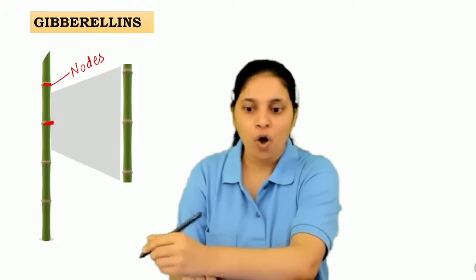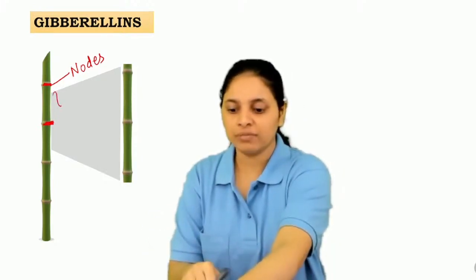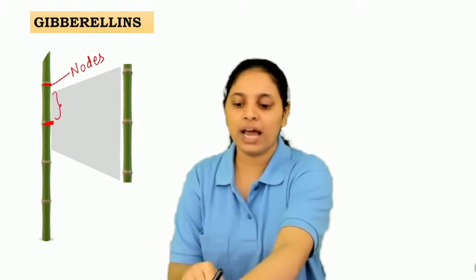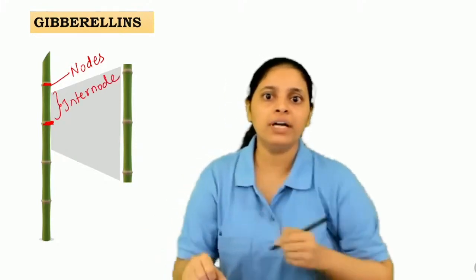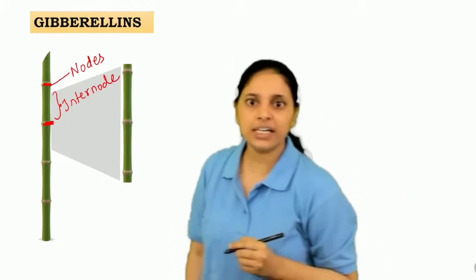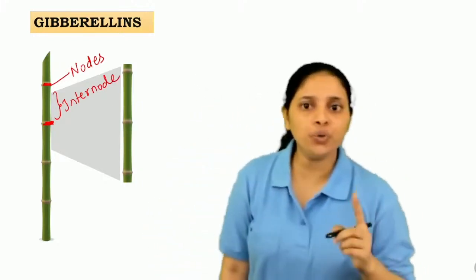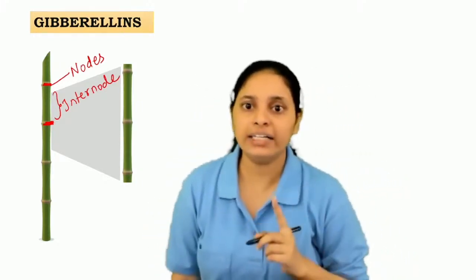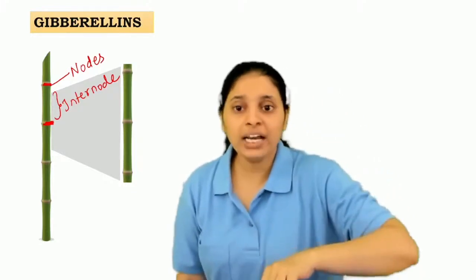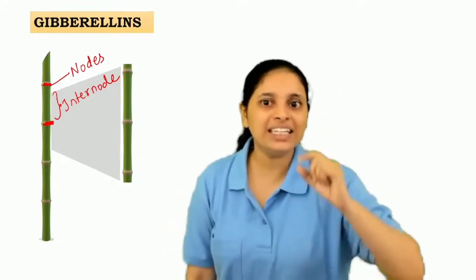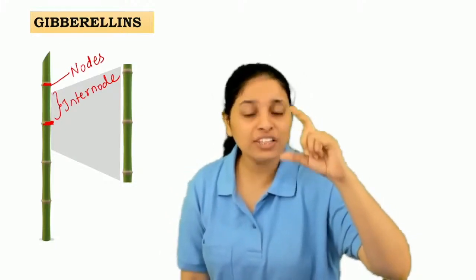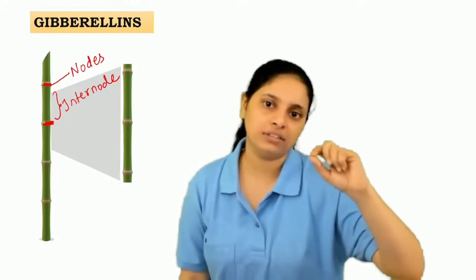ये nodes हैं. और ये जो बीच वाला region है, this region, this is known as internode. इसे क्या बोलेंगे हम? Internode. Is it clear? Region between two nodes is called internode. So when a stem elongates, that means the length of the internode will increase.